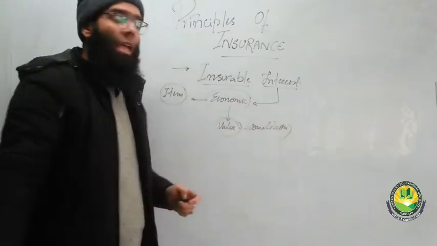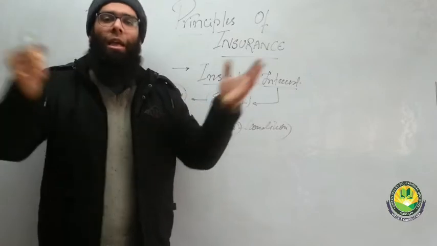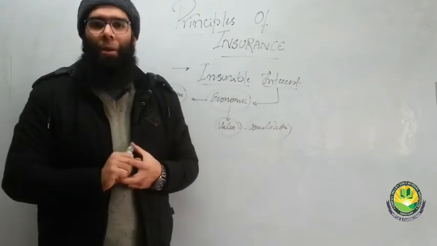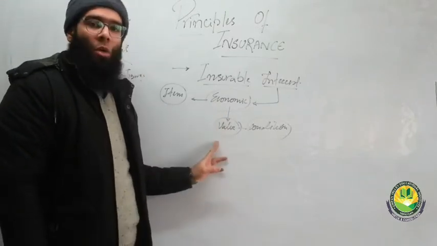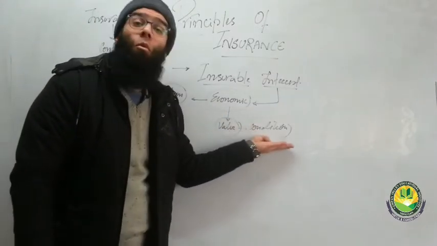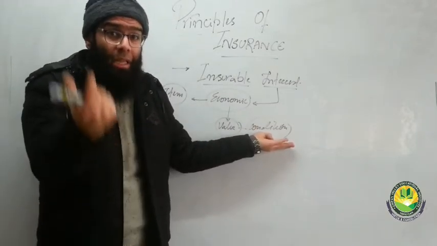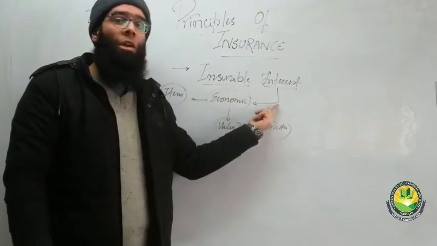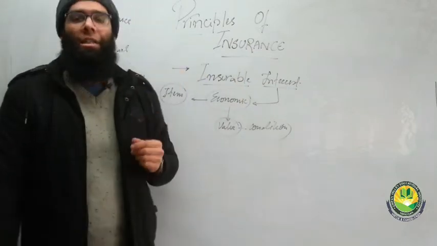Suppose a person has a shop, and in his shop he has plenty of products. If something happens to his shop, it will cause an economic loss, and because of that loss, his life condition will deteriorate. So he has an interest, particularly economic interest, in that shop.